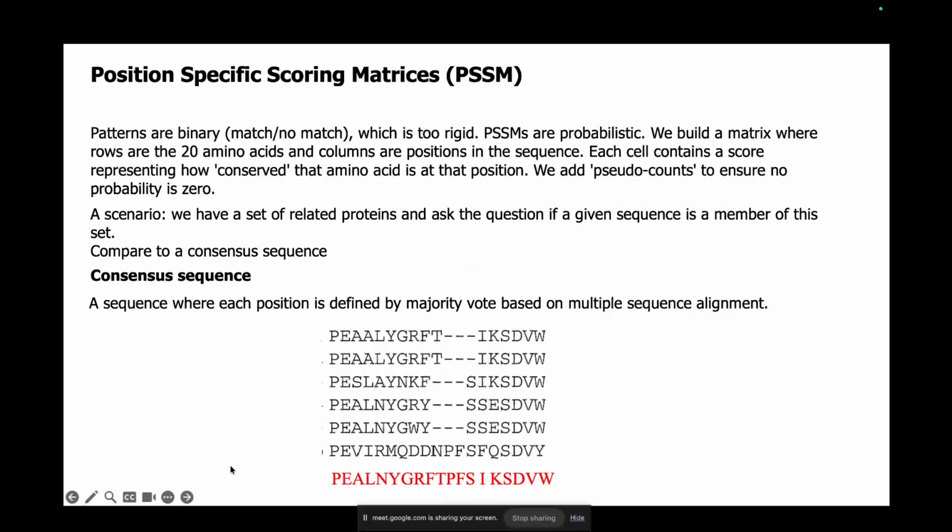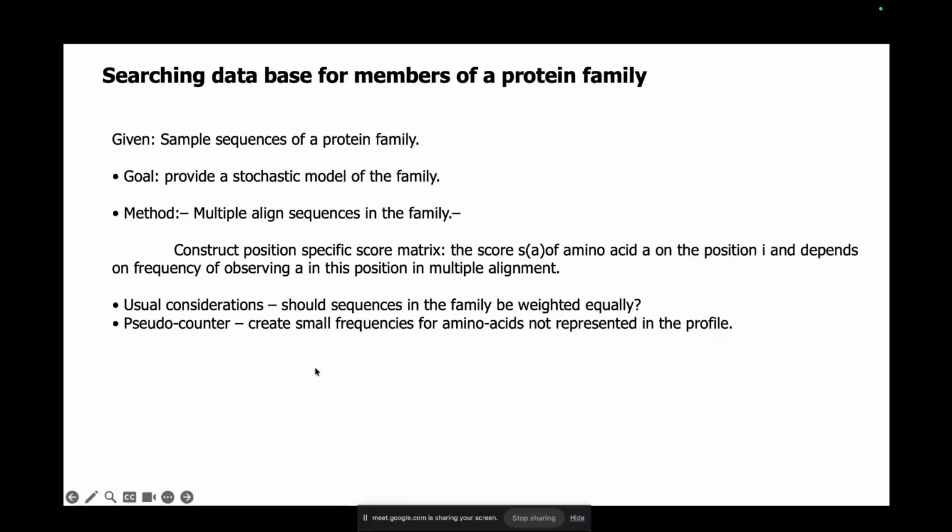The considerations you should keep in mind are whether the sequences in the family should be weighted equally, and, as I was saying, you have to add small probability values so that the probability is not zero, because probability zero means it is going back to the binary thing. We do not want that, so we add a small probability value. This is the idea.